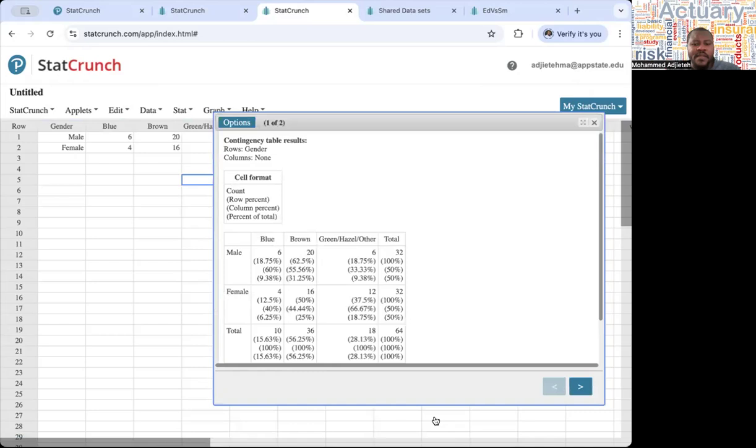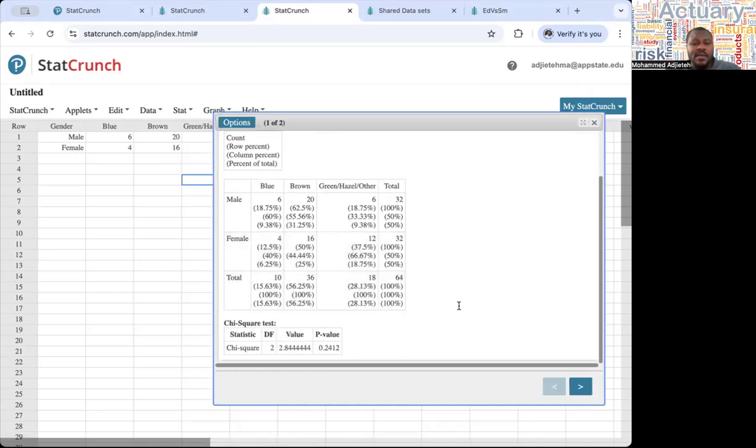So we hit that, and there we go. It computed it for us nicely. You can cross-check with the totals. So we had 64 students, and that's the row total. So it's telling you here row, column, and percent of total. So you just need to know that.